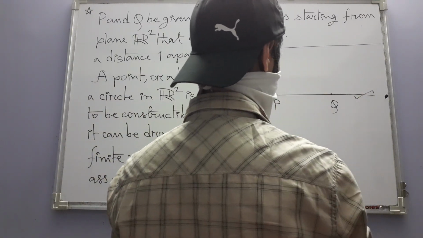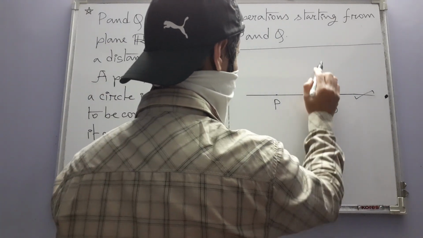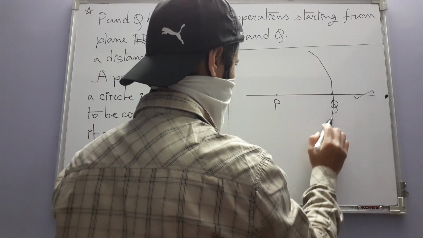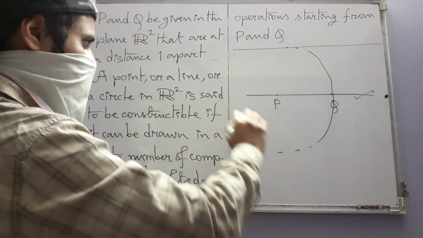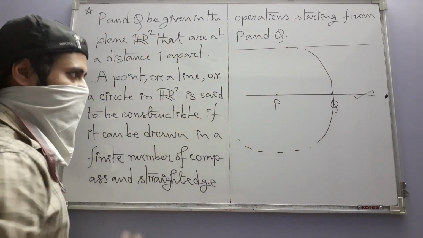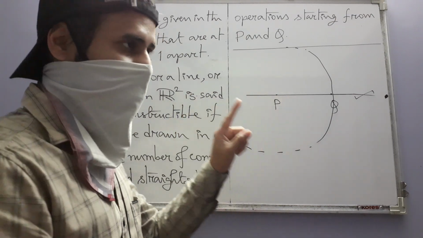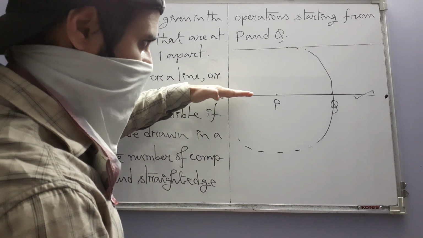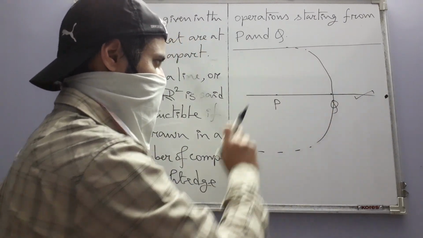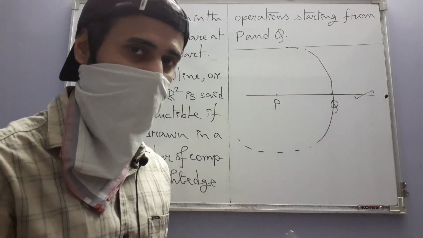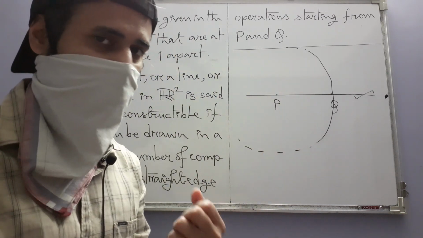Say you draw a circle with P itself as its center, then the circle will pass through the point Q and will of course intersect this line at another point here somewhere, which will also be at a distance 1 from P. So note that you now have a given line, and after drawing this circle you have a given circle. And the circle by definition will be constructible.